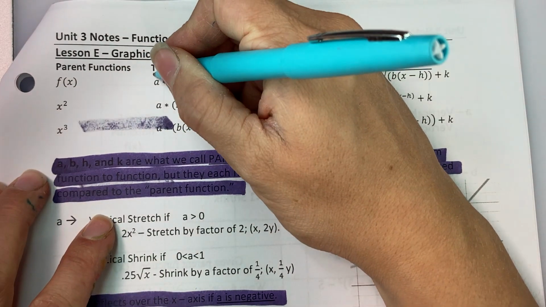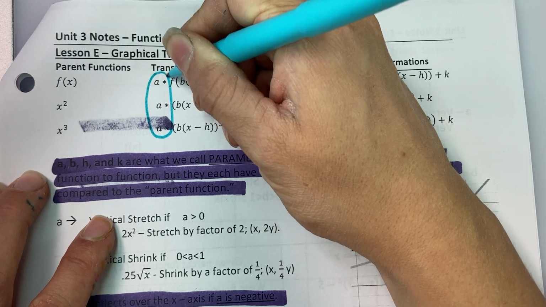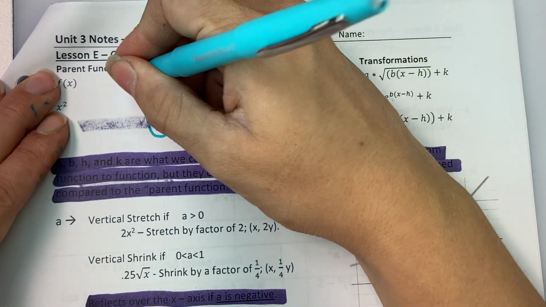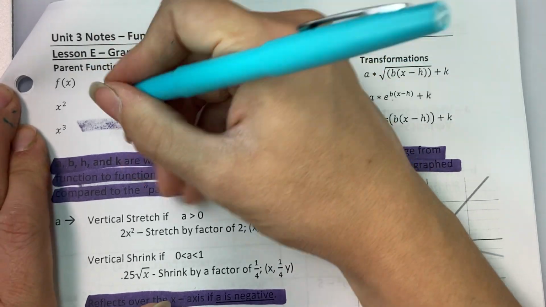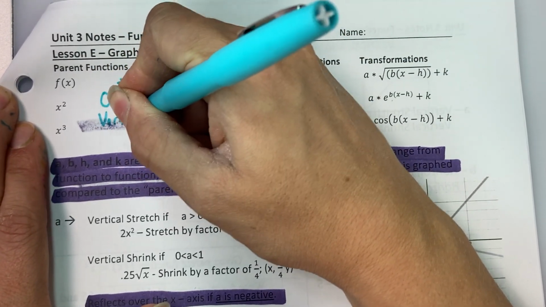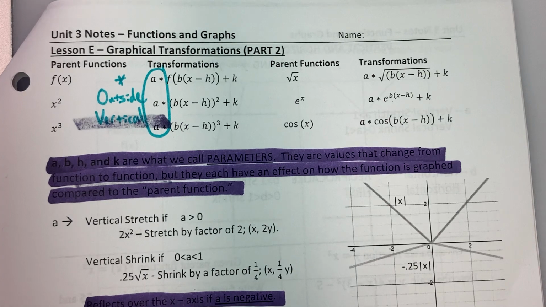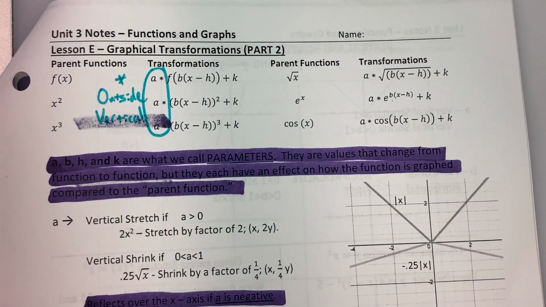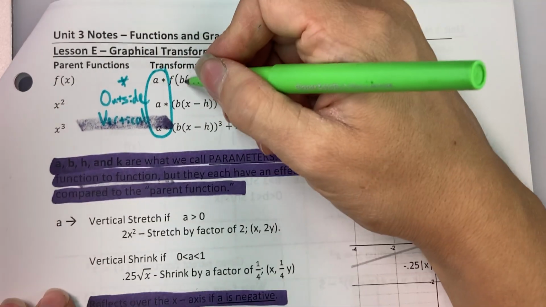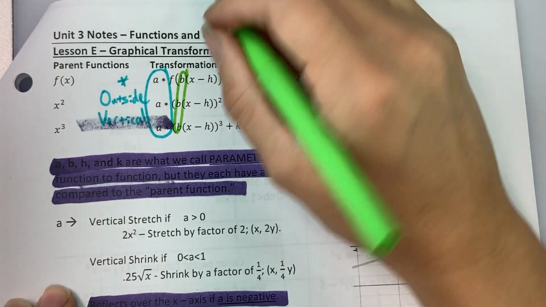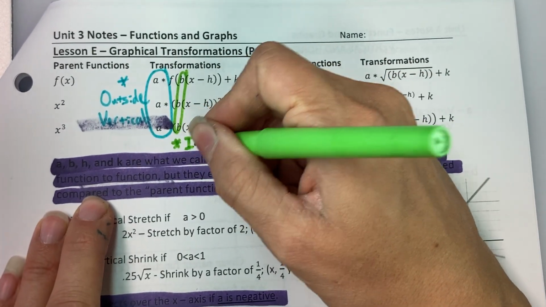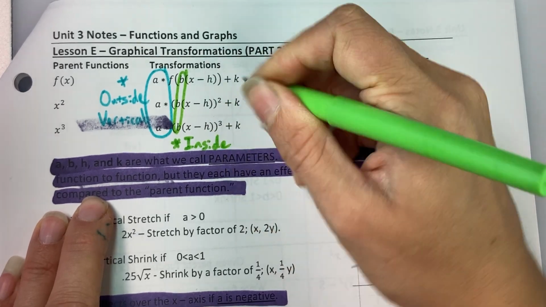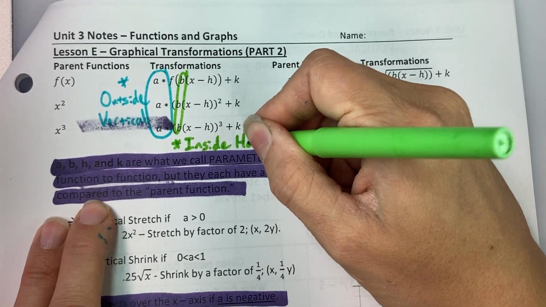So if I have a number, let's say a, being multiplied on the outside of the function, we would say it is a vertical transformation. If we have a number being multiplied inside the function, that's this b value here, multiplied on the inside, then we say it's horizontal.